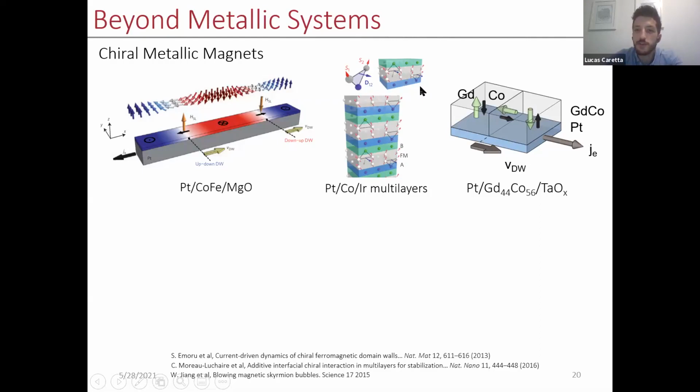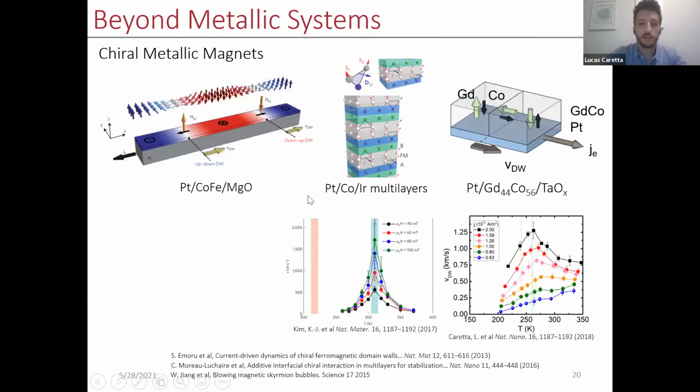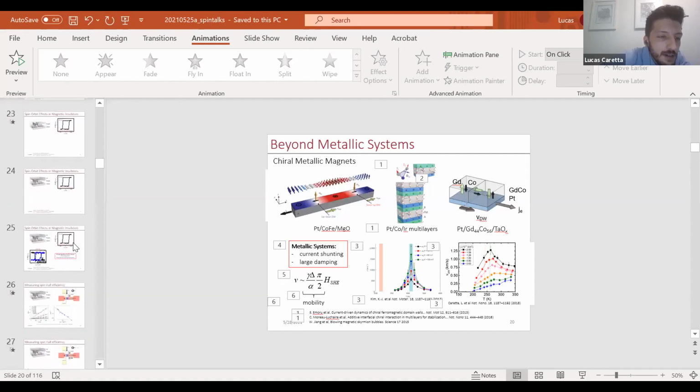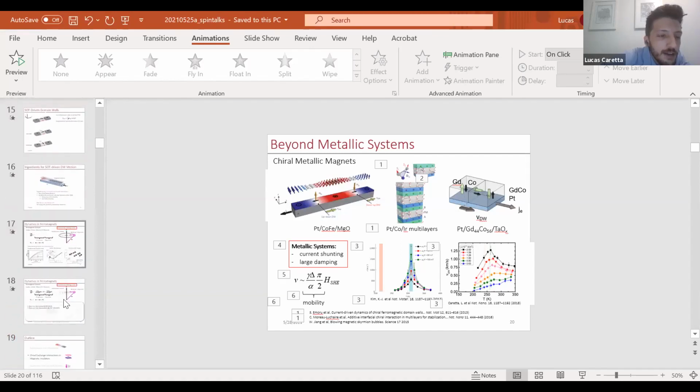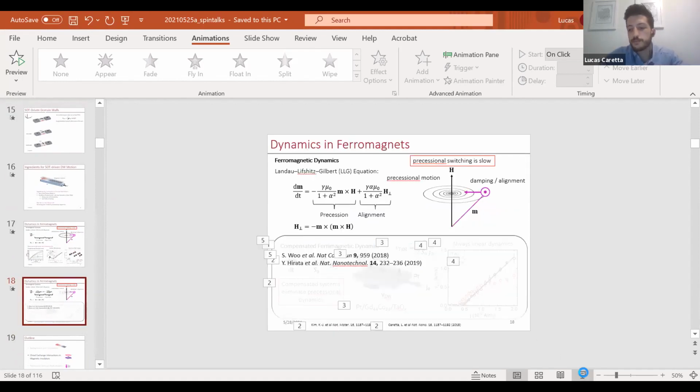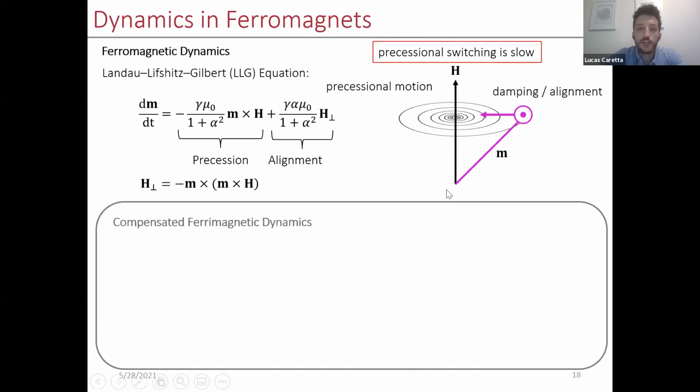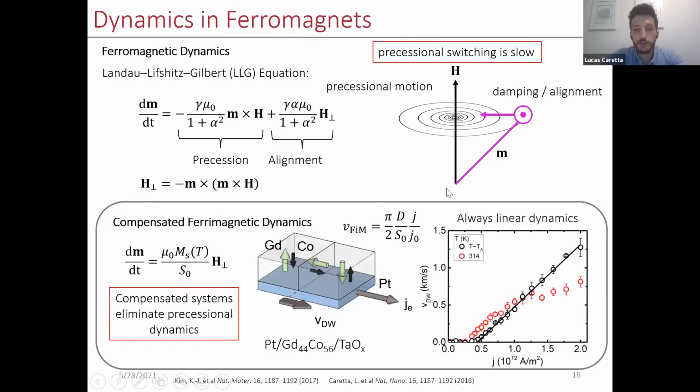Here, let me show you another plot. Maybe I have it in here. I think I do. So that expression I showed you was for the domain wall velocity, V equals some mobility times some field.